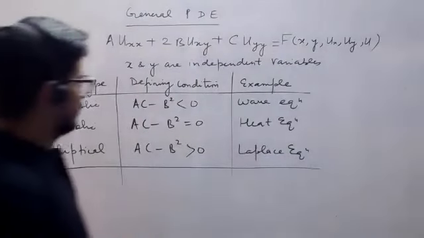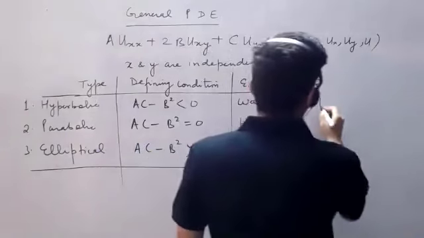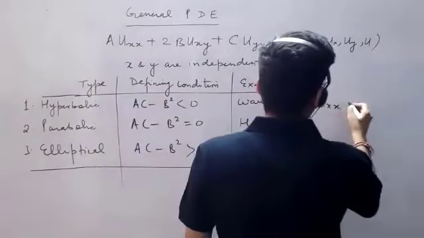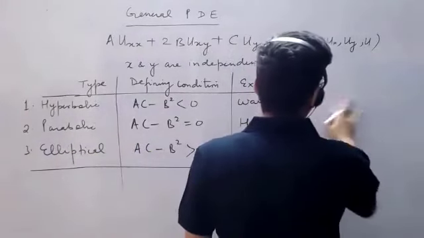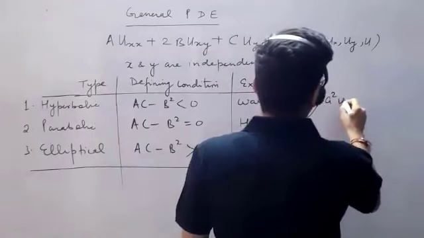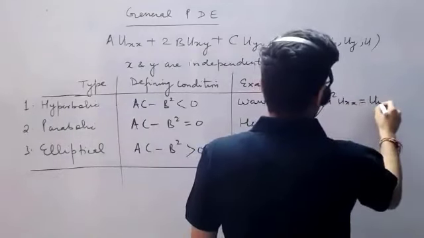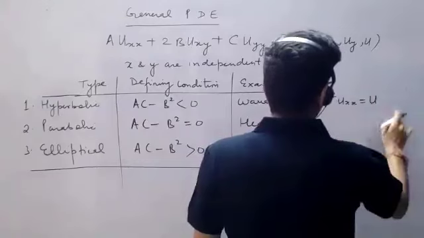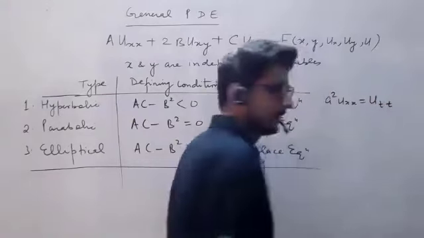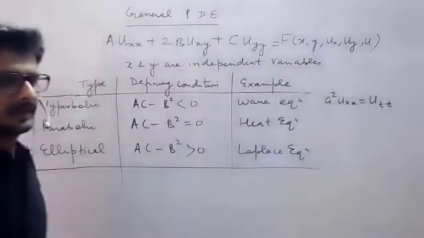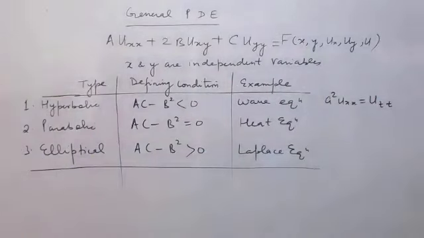So for example, we wrote the wave equation as: a square u_xx is equal to u_tt. Correct?